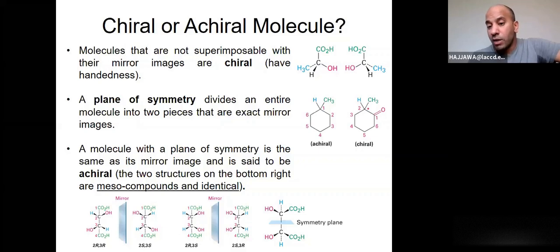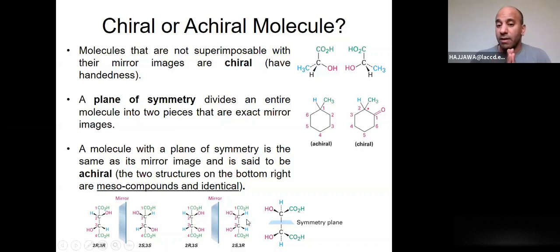That is, there is a plane of symmetry that divides the molecule into 2 halves that are exactly the same. And because of that, even though I have a chiral center in the compound, those 2 structures seem like enantiomers to me, but because of the plane of symmetry, those 2 compounds are achiral.